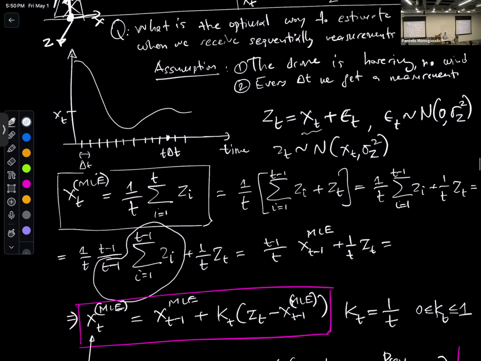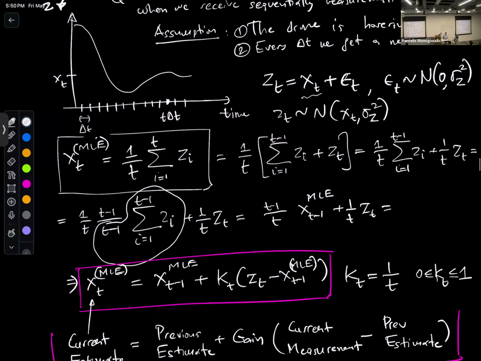So, do you see what we did? We started with a maximum likelihood expression of what is the mean of a Gaussian random variable. That is a sample mean. Do you recognize inside the white square bracket the sample mean expression? Yes, you must recognize it. Okay? If this is the expression, look where it led us.